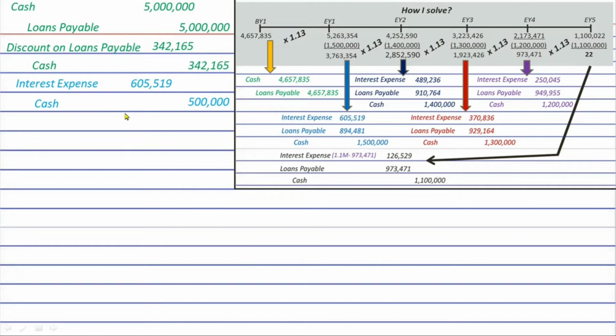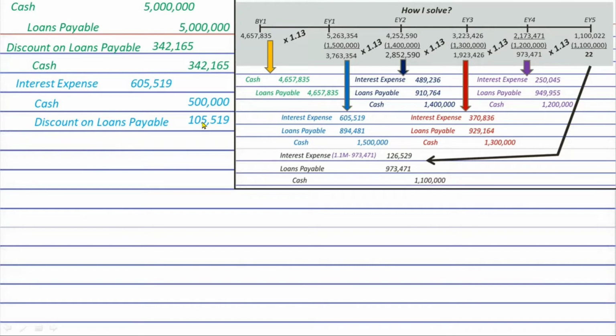The balancing figure, guys, is 105,519. The question is, which account will be charged? The account that will be charged is the discount on loans payable. Now, for the second entry.